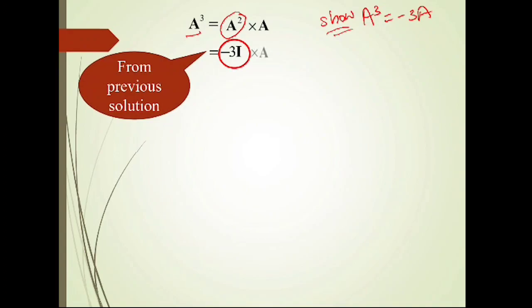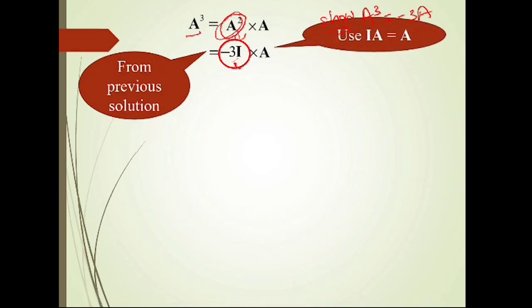And then replacing A squared there, remember the order matters, so write it in front, multiply with A. And then I, identity matrix multiplied with any matrix, is just that matrix. So you get negative 3 multiplied with matrix A. You have shown the equation.